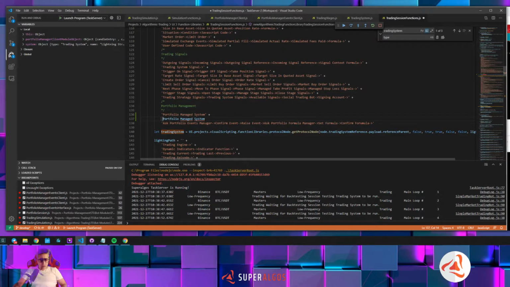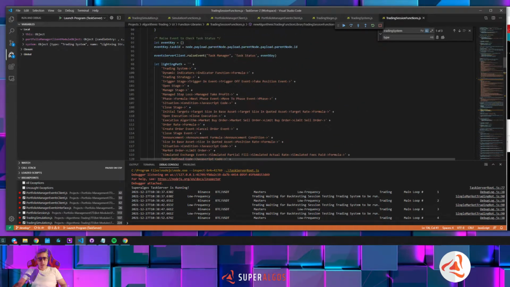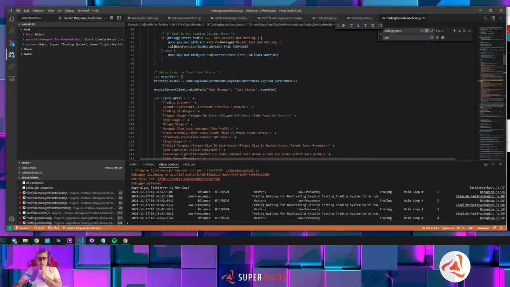It's exactly the same. I don't know, this should have worked. I really don't understand why not. Because we added this at the lighting path, probably we added some lighting path that is not right. Trading session function, what is this? Trading system.